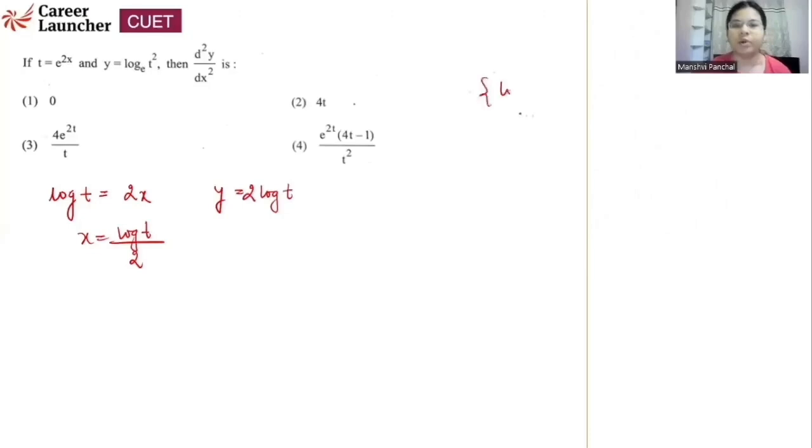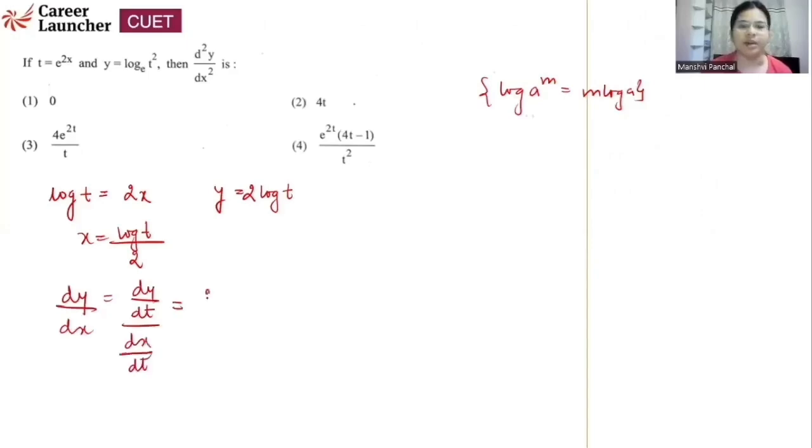Because log a raised to the power m is m log a. Now dy by dx will be dy by dt upon dx by dt. So dy by dt will be 2 by t upon 1 by 2t. So it will become 2 upon 2 into 2t upon t, which means 4.